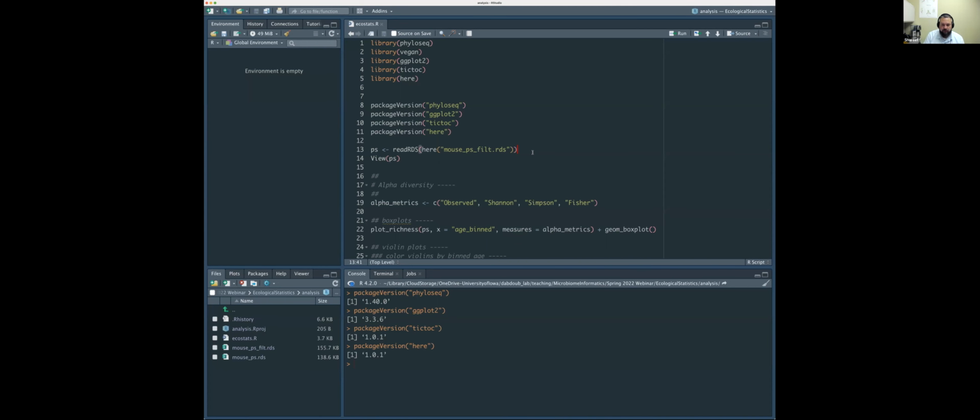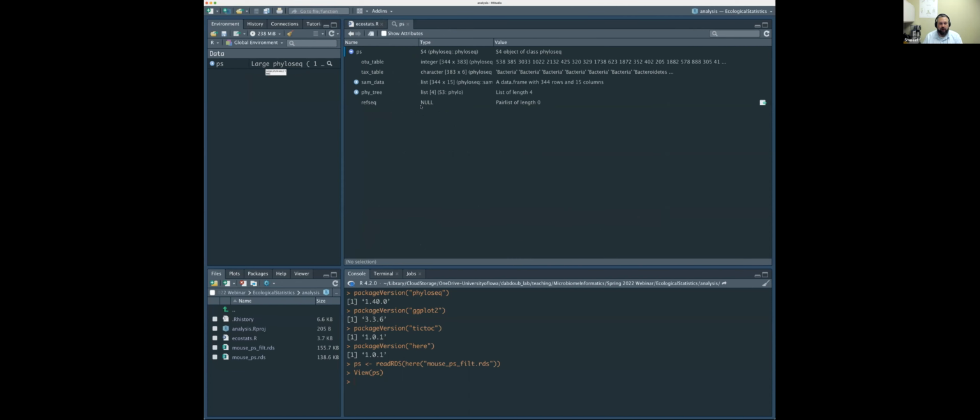So we're going to load the mouse data here. The PS in the file name stands for phyloseq, so this is already a phyloseq object. Phyloseq is, as I mentioned earlier, an R library for handling phylogenetic data specifically, and it comes with a very nice structure, as we'll see here.